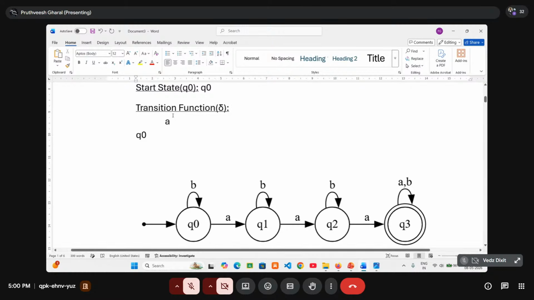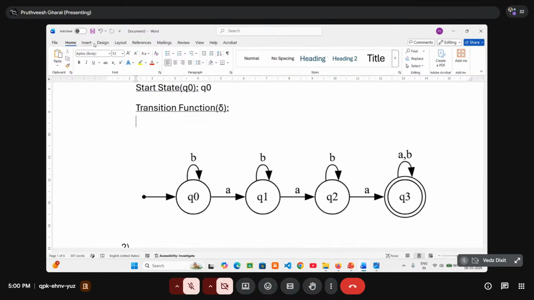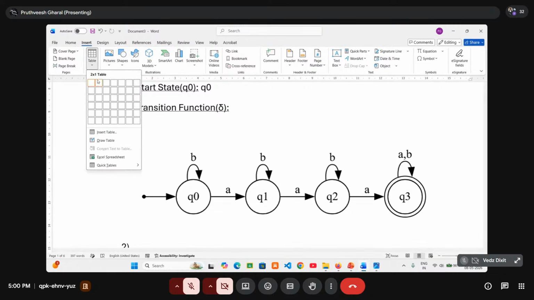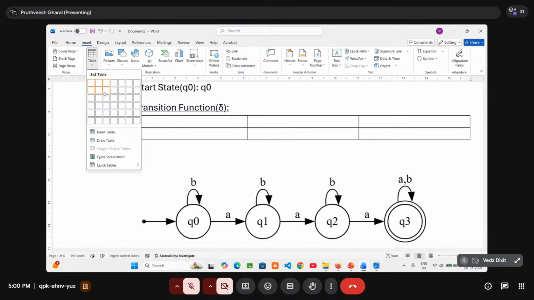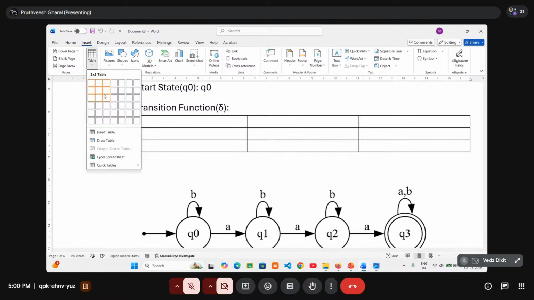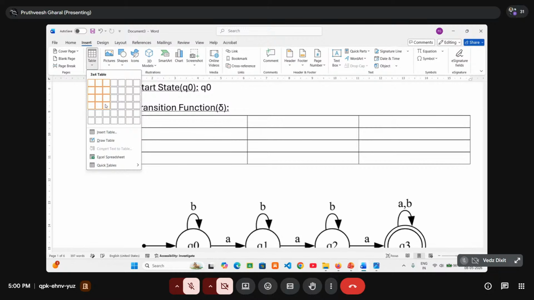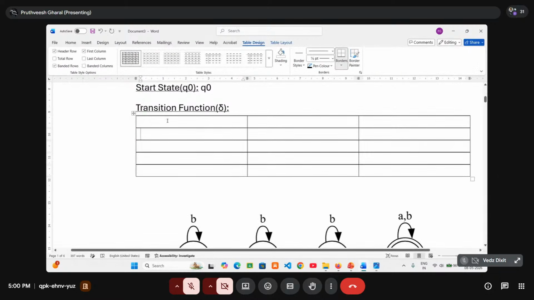So yeah, let's make an actual table. State. This is Q0. Okay, these are the states here, and this is the input the DFA is receiving.